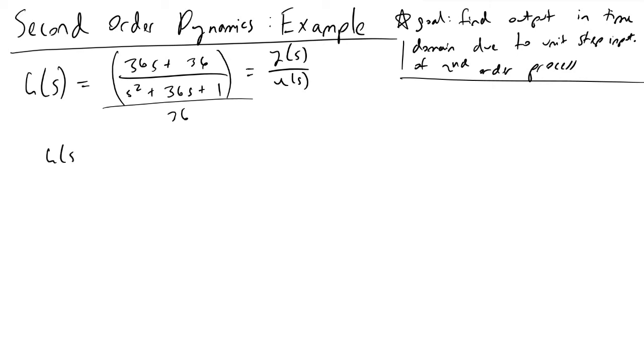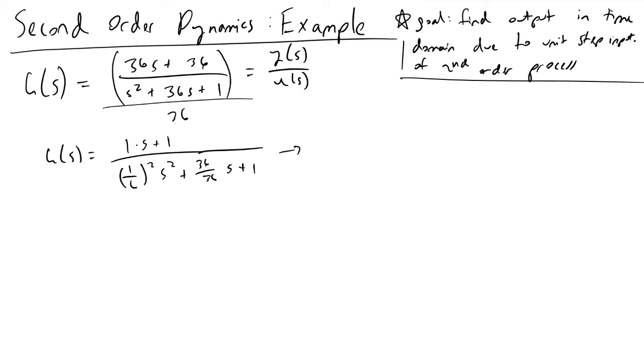We're going to realize that g of s is really equal to 1 times s plus 1 over 6 quantity squared, 1 over 36, times s squared plus 36 over 36, which is equal to 1 times s plus 1.